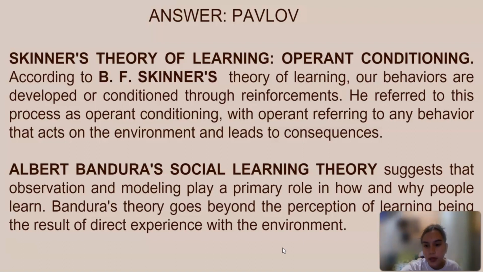Okay? And then, we also have here Albert Bandura's social learning theory. For Albert Bandura's social cognitive theory, human beings have specific abilities related to learning that set them apart from other species.